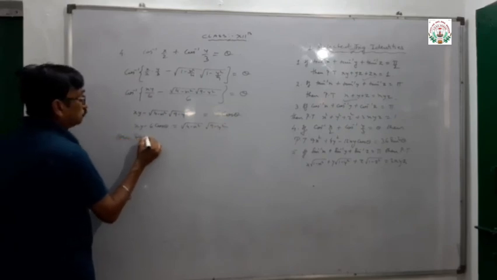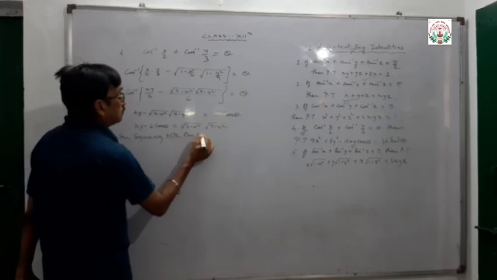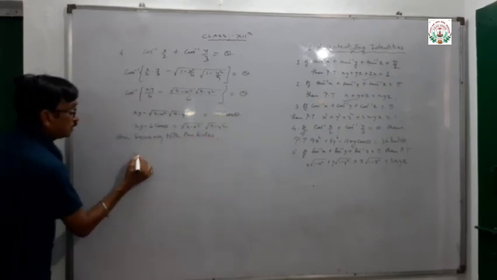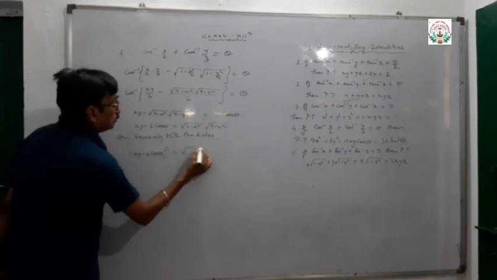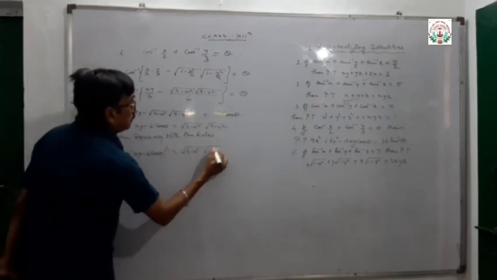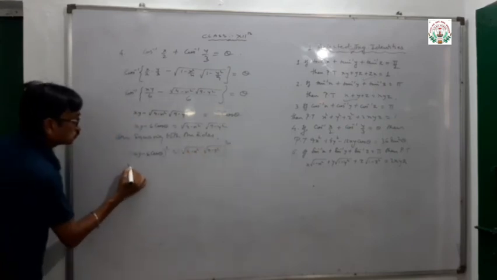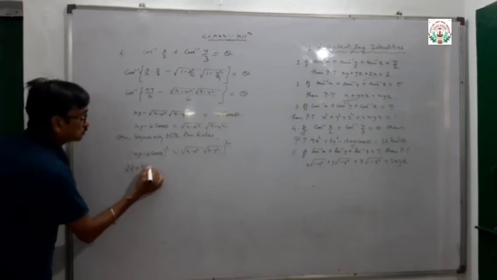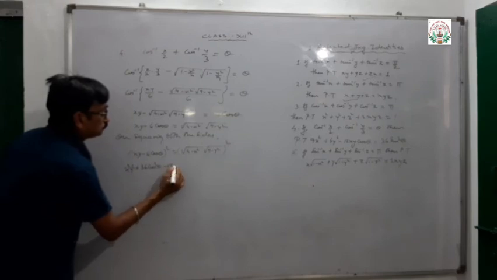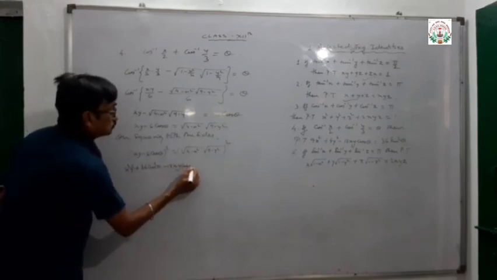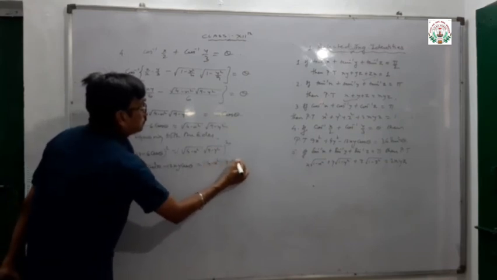On squaring both the sides, we have xy minus 6 cos theta the whole square equals under root over 4 minus x square under root 9 minus y square the whole square. x square y square plus 36 cos square theta minus 12xy cos theta equals 4 minus x square into 9 minus y square.